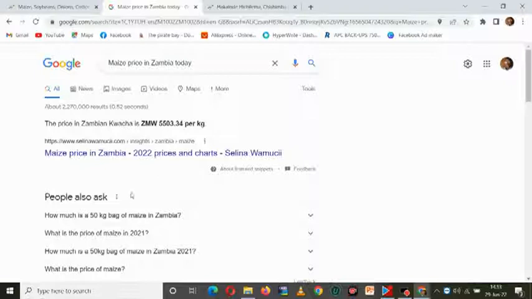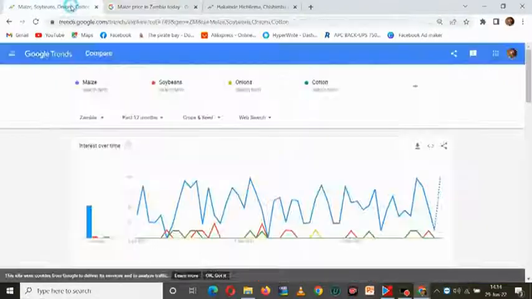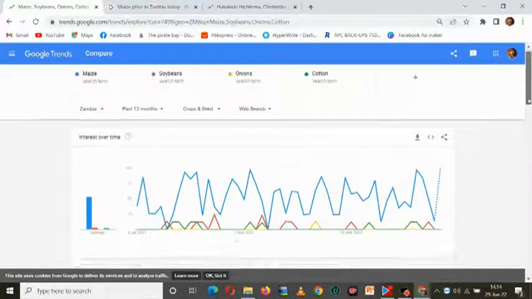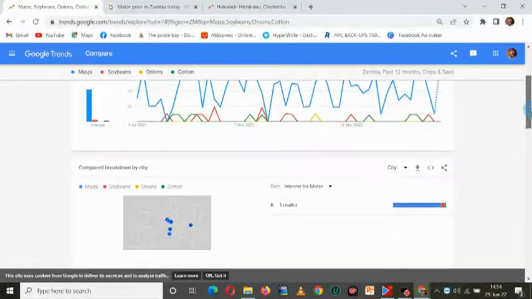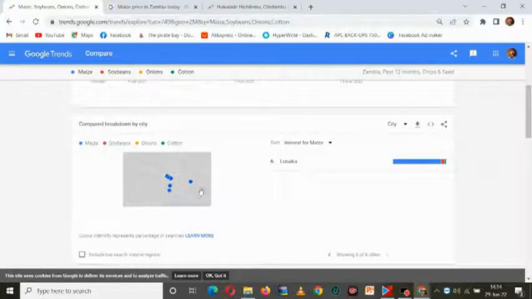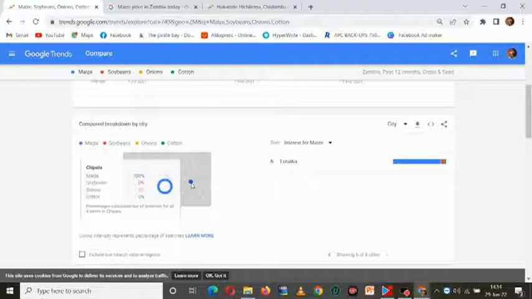Where are they? So now we can go back to trends and go to the maps. So let's just remain with those. So here you are looking at maize, 100%. That means in Chipata, there were a lot of people who were searching for maize prices.